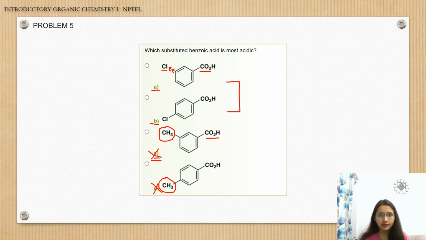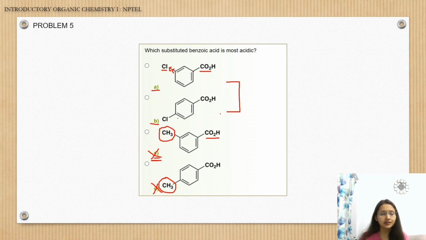If the inductive effect is operative in the case of chlorine, then it will surely depend upon the distance. The distance between this carboxylic acid and this chlorine is 1, 2 and 3 carbons away, but in B it is 4 carbons away. So the inductive effect decreases with an increase in distance, that is, the minus I effect decreases with increasing distance.